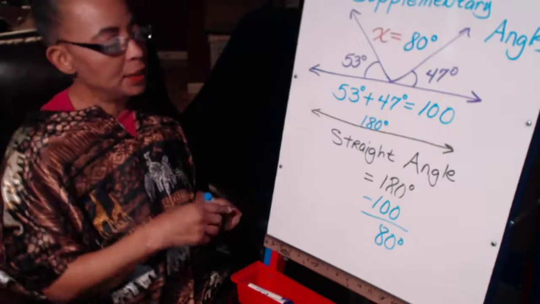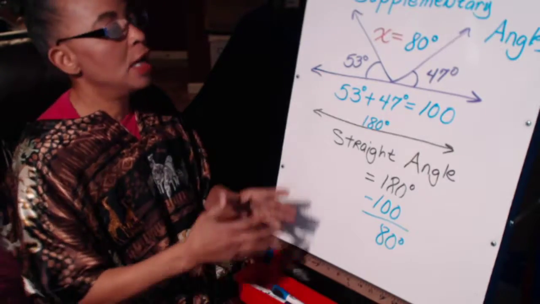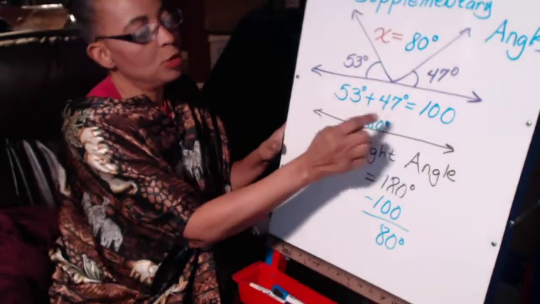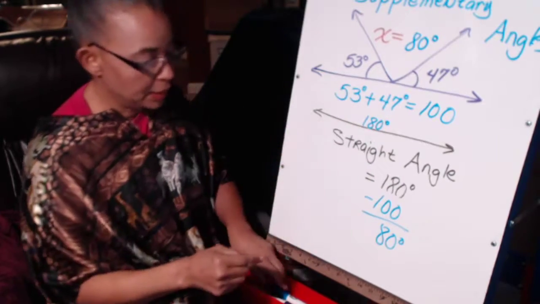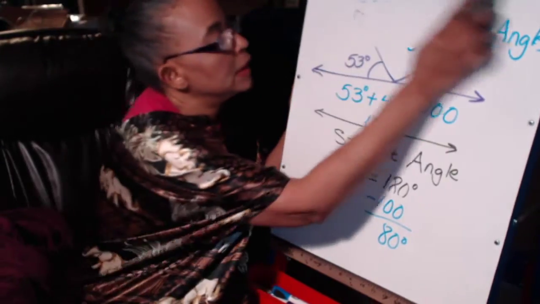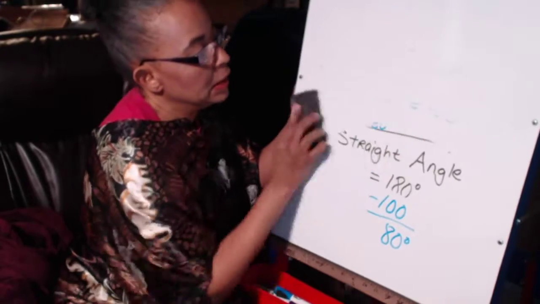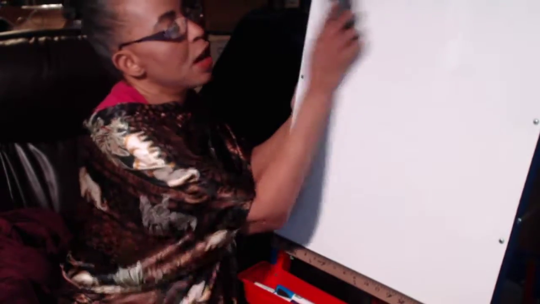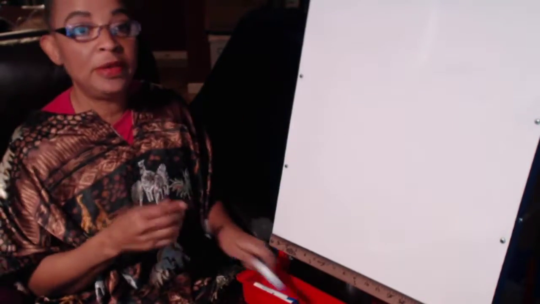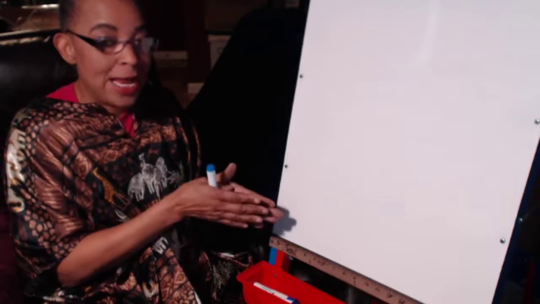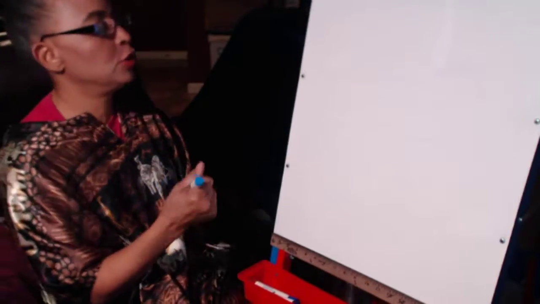Well, it's calling it supplementary angles because the total equals 180 degrees. So when we are combining two angles, we need to know whether they will equal a right angle or a straight angle. We're only concerned with those two.